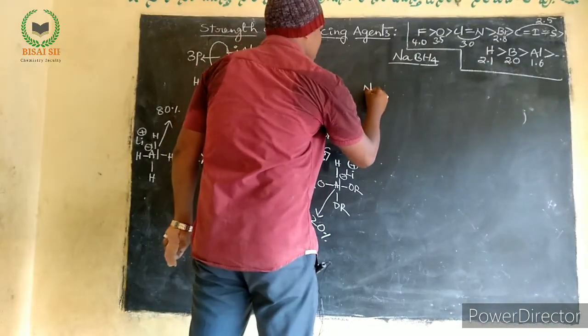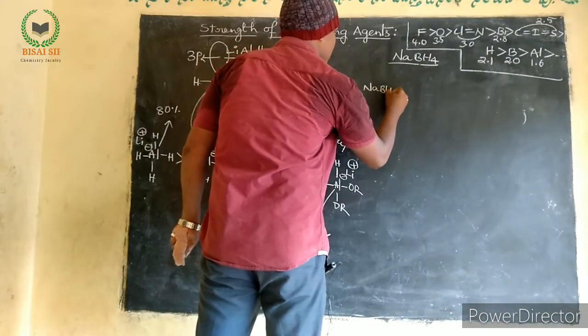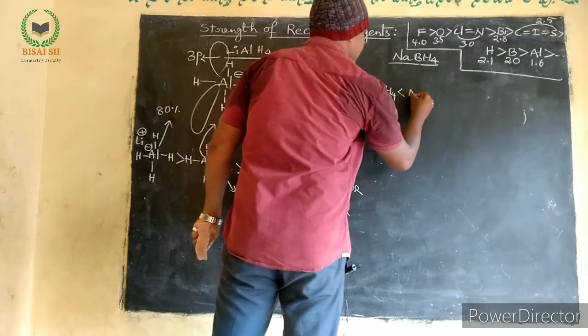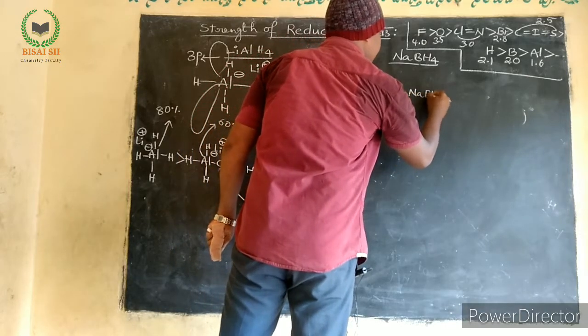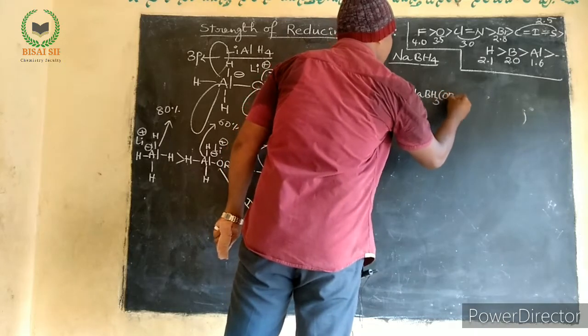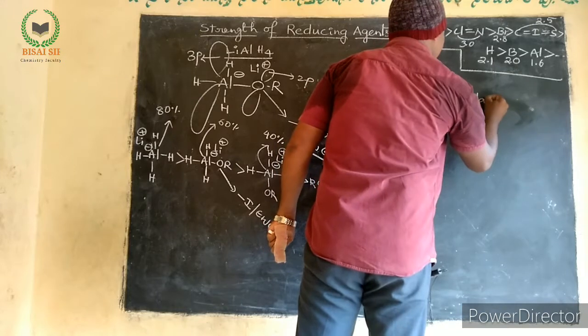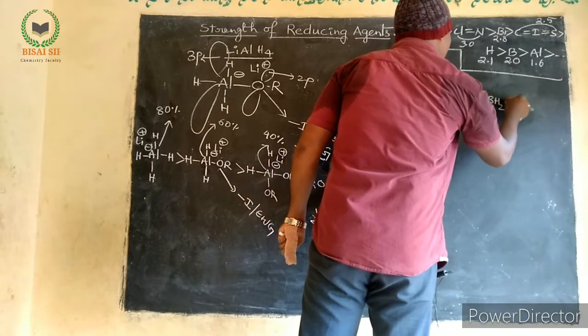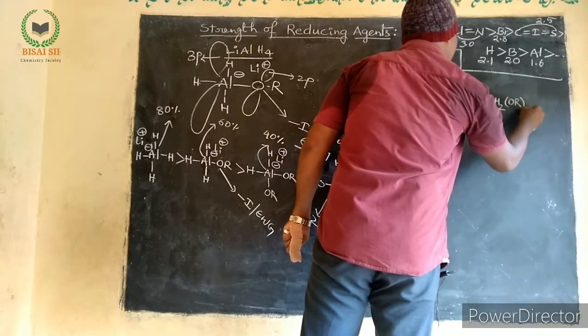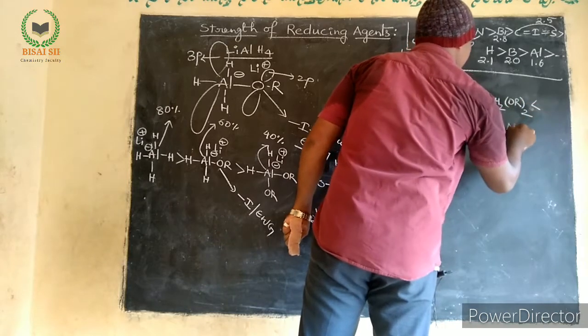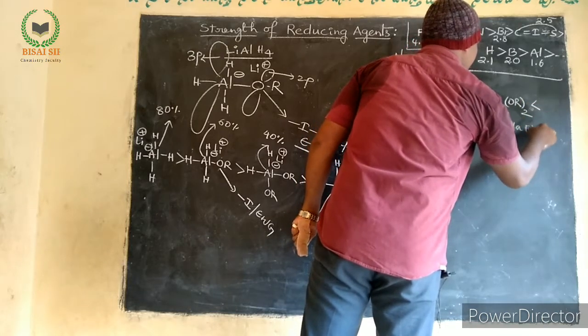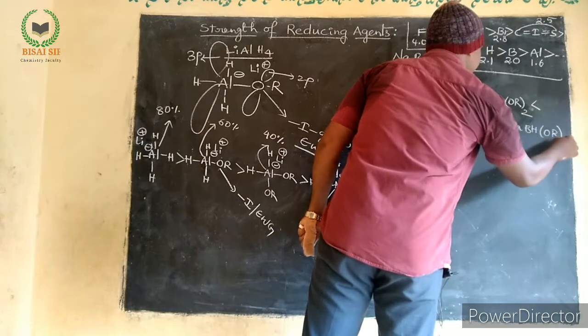Now NaBH4 is less than NaBH3(OR), which is less than NaBH2(OR) taken twice, which is less than NaBH(OR) taken thrice.